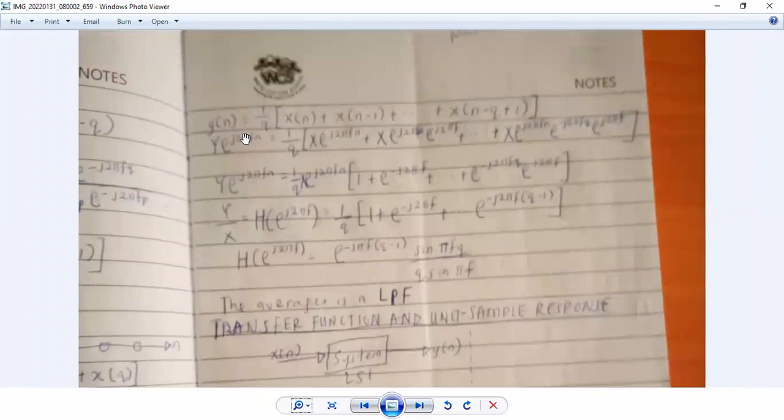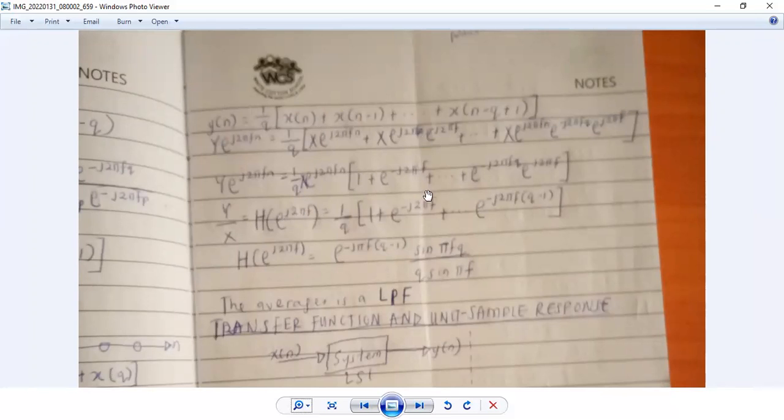In order to do that, we'll use the same principle we used in the first example. This is the filter here. We convert it to the frequency domain by assuming that y of n is this and x of n is x e^(j2πfn). So we just plug it into the equation.